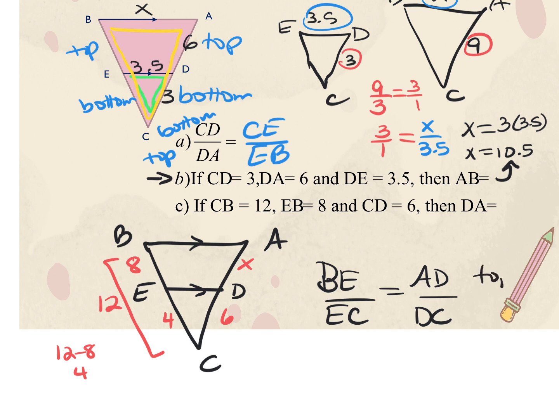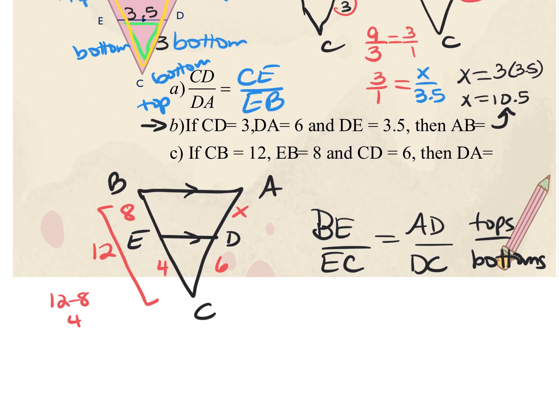I'm doing the tops over the bottoms. So BE was 8, EC was 4, AD is X, and DC is 6.